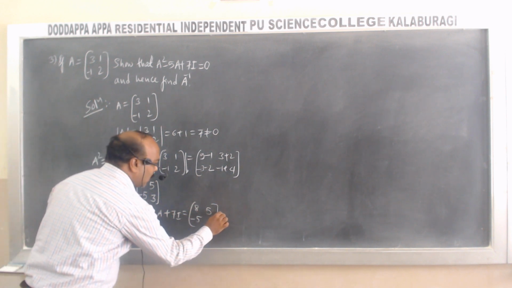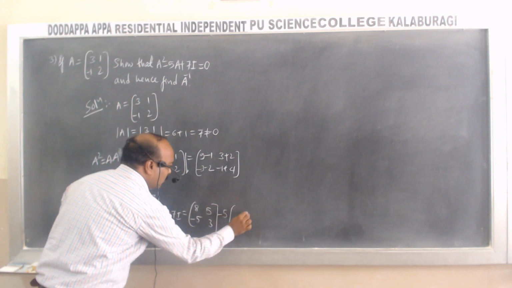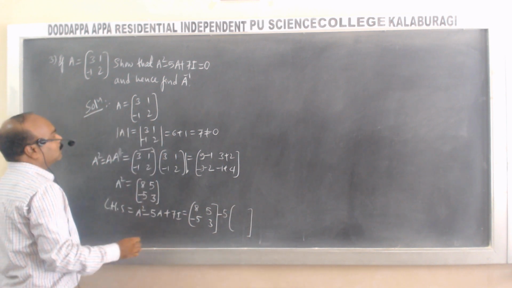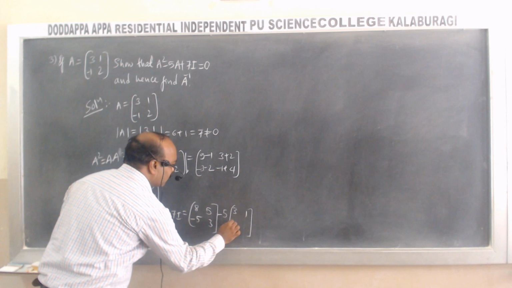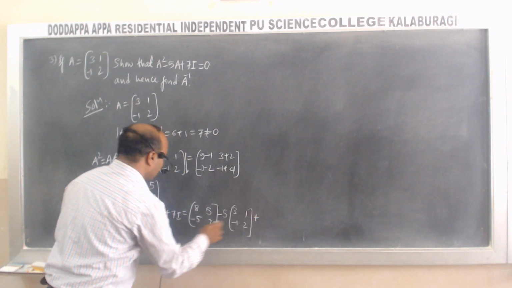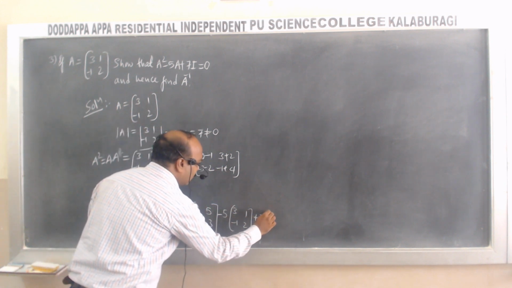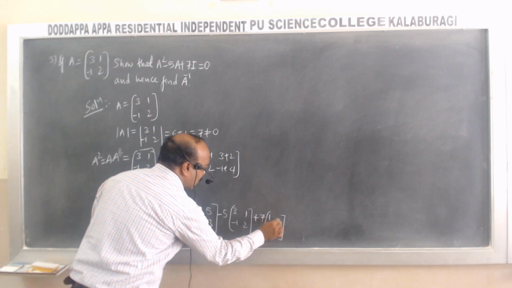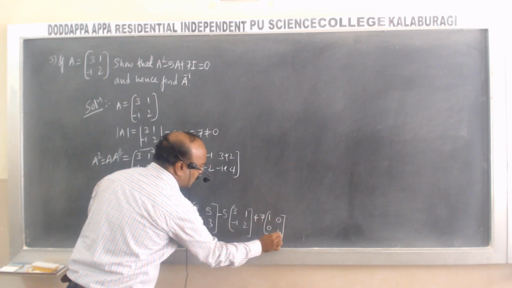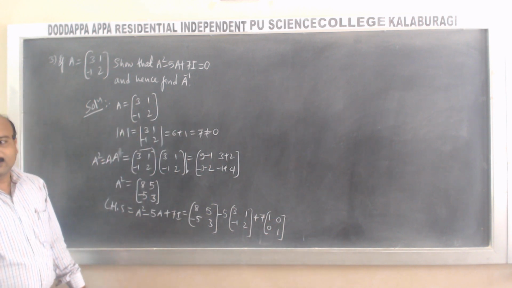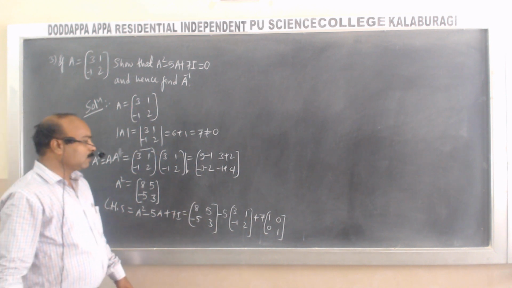Minus 5 as it is A value. Matrix A is 3 1 minus 1 2 plus 7 as it is. I means identity matrix. It is 1 0 0 1. Now we simplify this result.